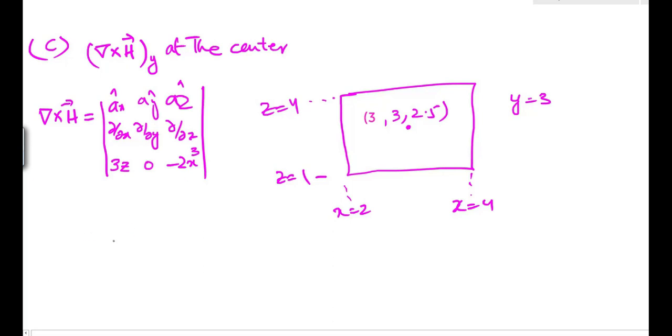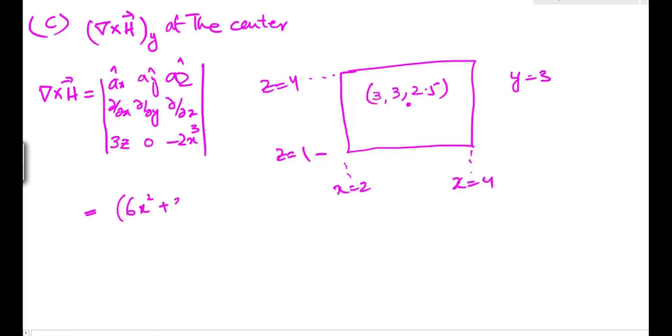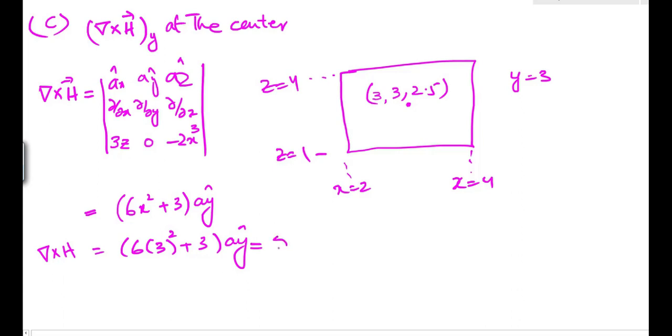You just have to solve this determinant, and you will obtain 6x squared plus 3 in the AY direction. As we have to evaluate this curl at the center of this perimeter, and at the center the value of x is 3, we obtain the final result of 57 amperes per meter squared in the AY direction. So this is how we evaluate the curl at the center of this perimeter.